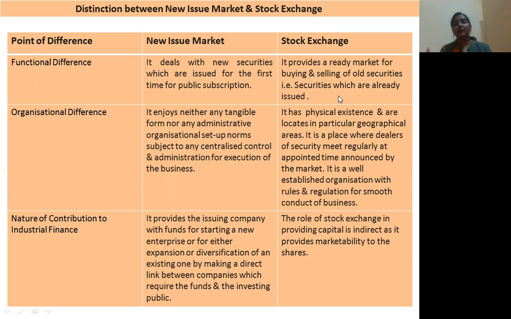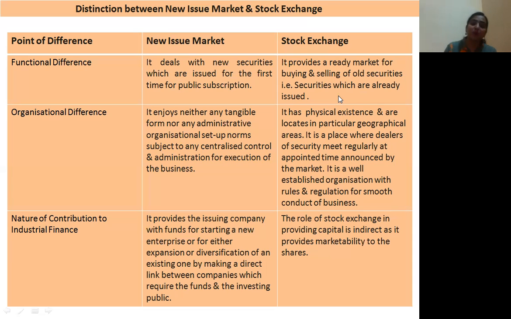Okay. The second point of difference is organizational difference. Organization means from the perspective of organization, how these two markets are different. So first of all, new issue market does not have any organizational setup. You won't find a particular location of new issue market. There is no administrative organizational setup.